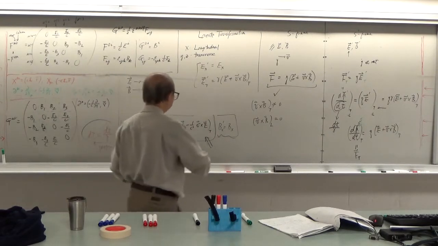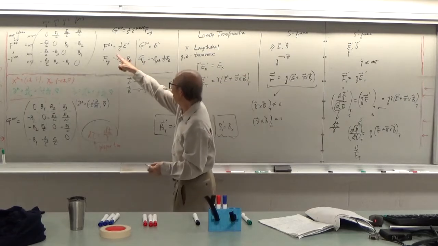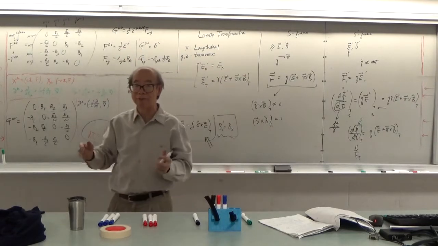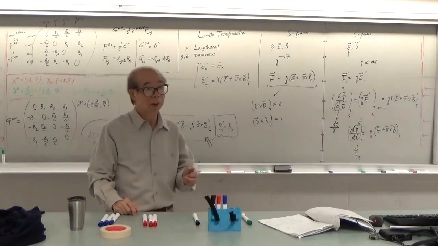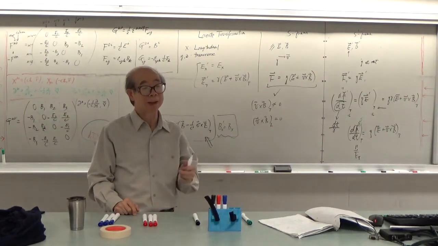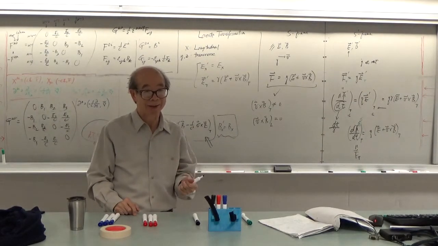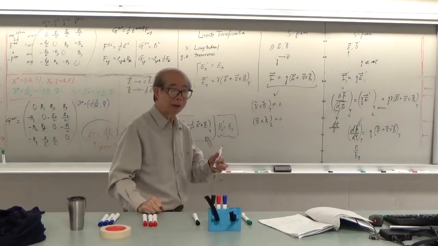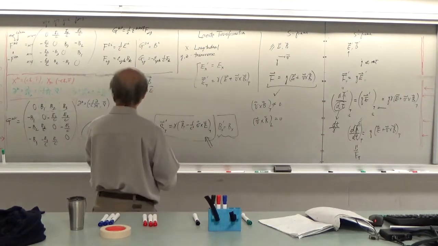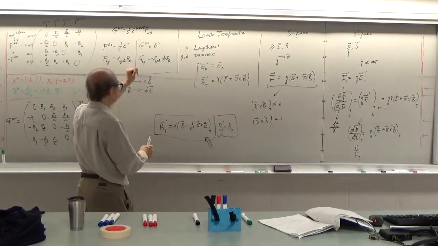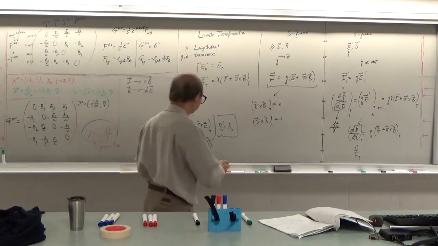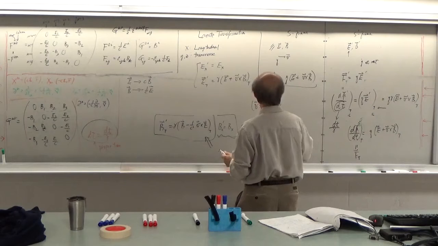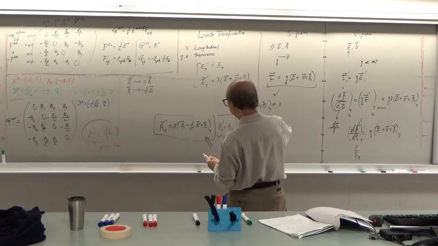So both F mu nu and G mu nu are second rank tensors, and therefore they transform just like a second rank tensor, as a product of two vectors. And if you know how vectors transform, obviously we know how F and G transform.